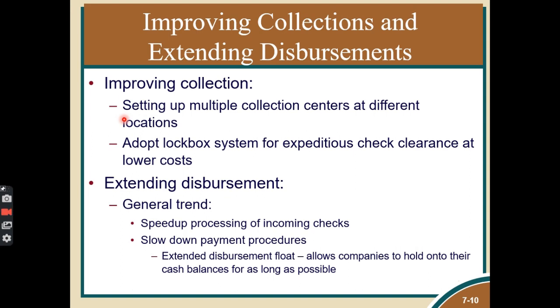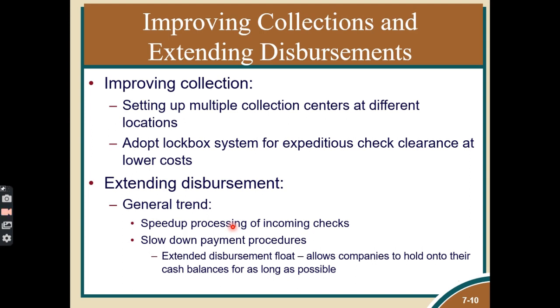Now, how can we extend our disbursement? Basically, the general trend is to first speed up the processing of incoming checks so that the company can have more cash, and slow down the payment procedure, meaning they will, as much as possible, try to extend the disbursement float.